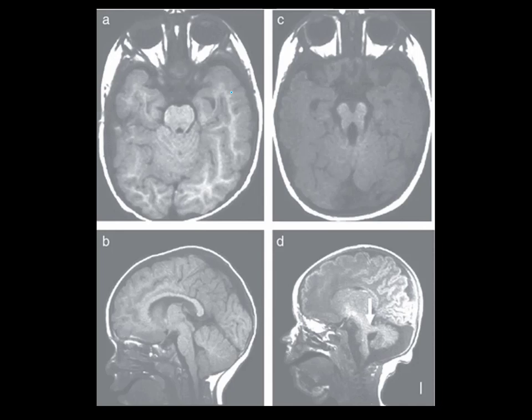Okay? So what's going on in the other side? It's taken to try to be the same level. It's probably a little higher. Well, there's almost no cerebellum. Look at how expanded this is. And what do you think these are?